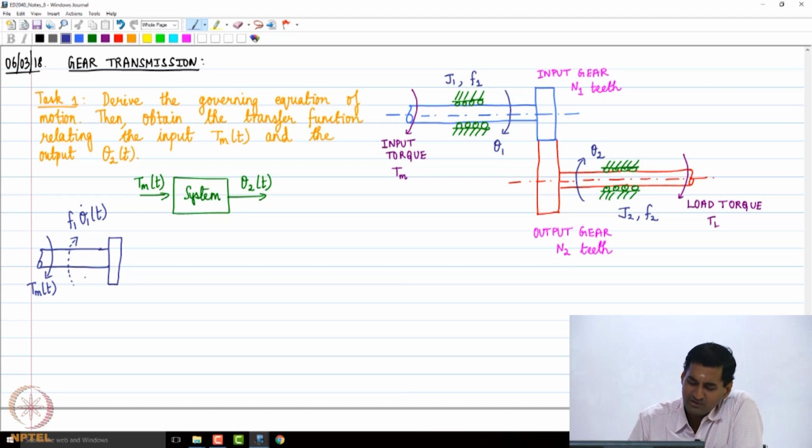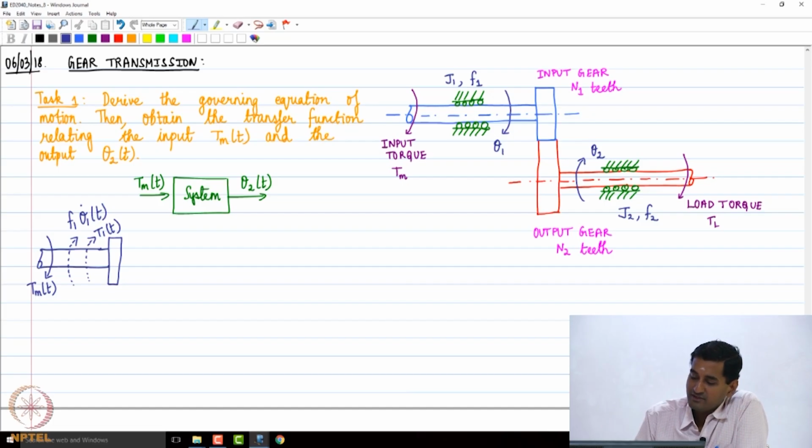Let's call this reaction torque some T1(t). T1(t) is essentially the reaction torque from the output shaft to the input shaft due to the fact that the input shaft is driving the output shaft. So these are the torques that are acting on the input shaft.